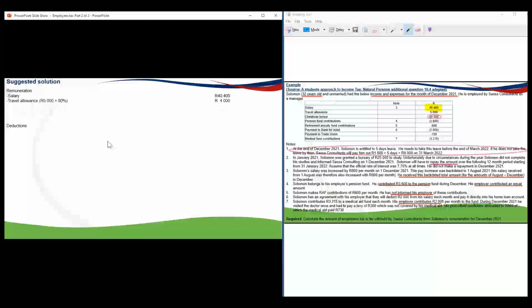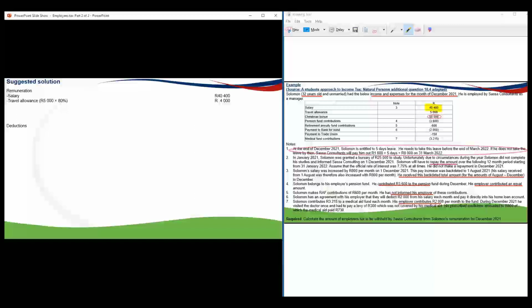We have then the travel allowance of 5,000. If we look at our information again, that 5,000 is below the 40,400 there. Remember, in terms of the definition of remuneration, it includes 80% of the travel allowance.